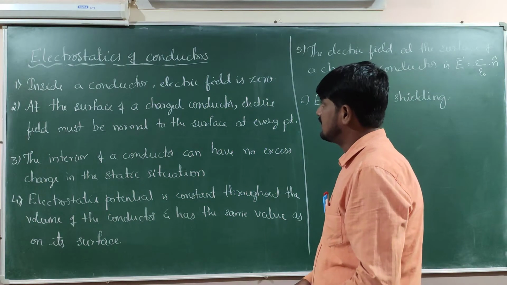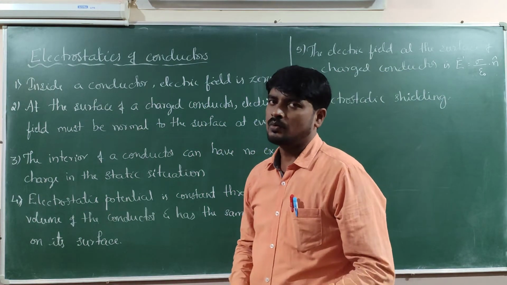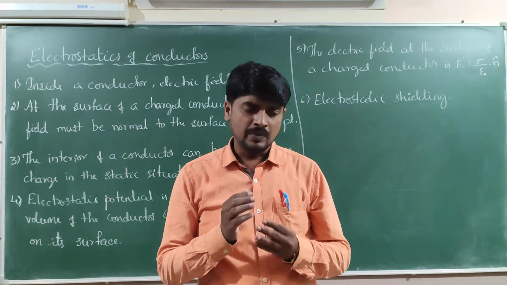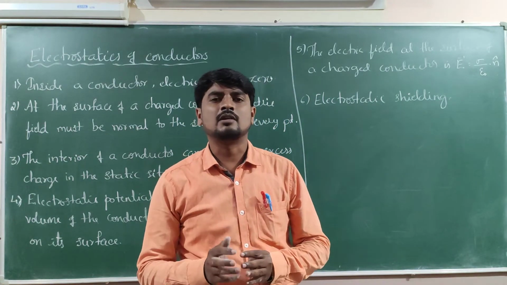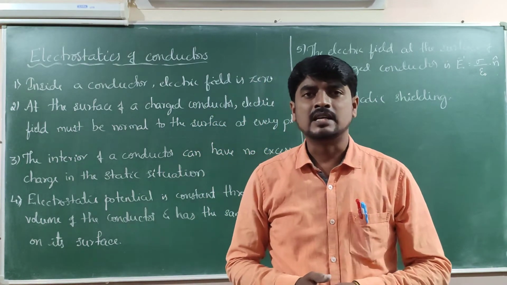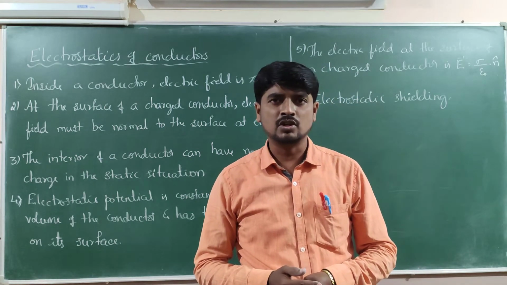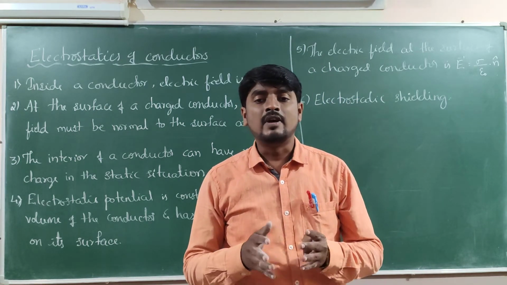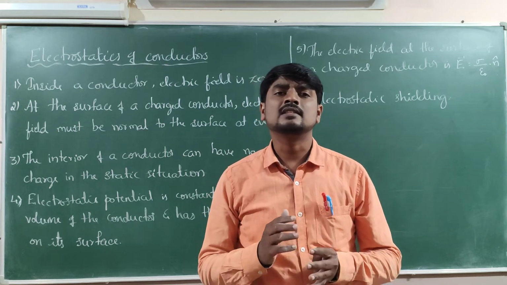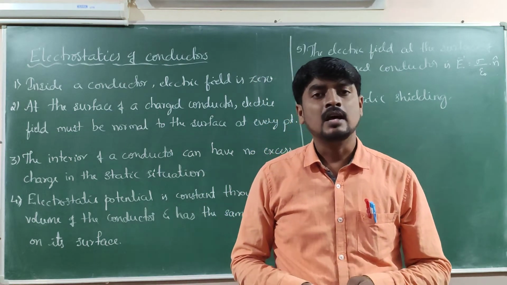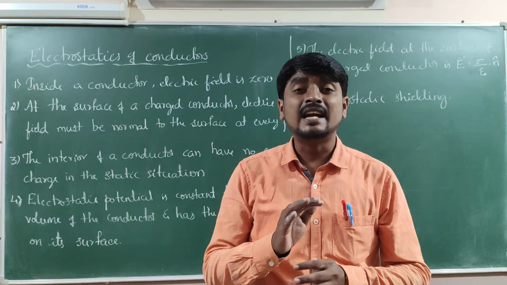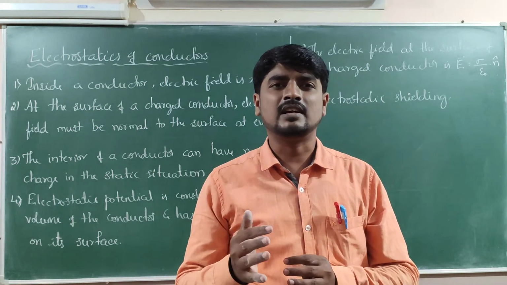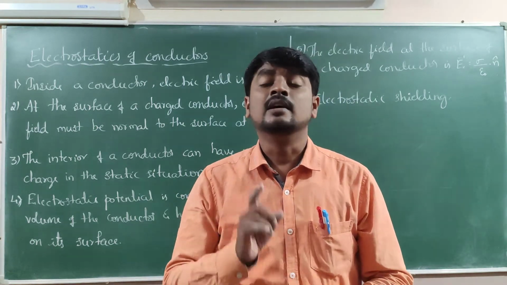Inside a conductor, the electric field is 0. What is the meaning of this? As I said, we can charge a neutral body in 3 ways: charging by induction, charging by conduction, and charging by friction. When the charging of a metal surface takes place, the charges reside on the surface of the conductor, not inside the conductor.